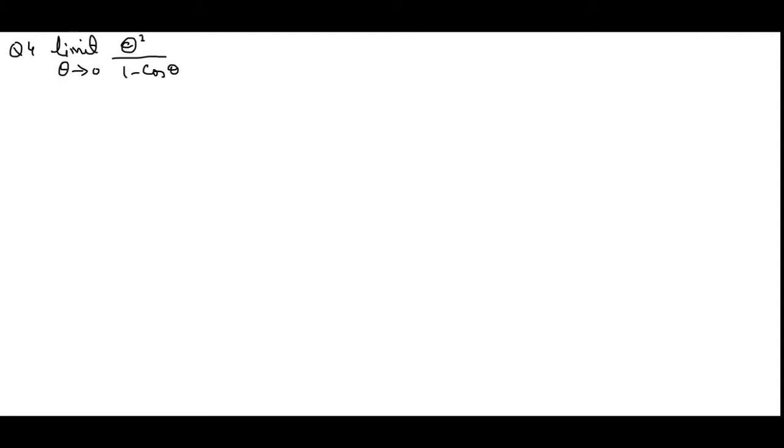So first of all, we are going to apply the limit as a division rule. First of all, limit theta approaches 0, theta squared, whole divided by limit theta approaches 0, 1 minus cos theta. Again, the variable has been changed from x to theta.